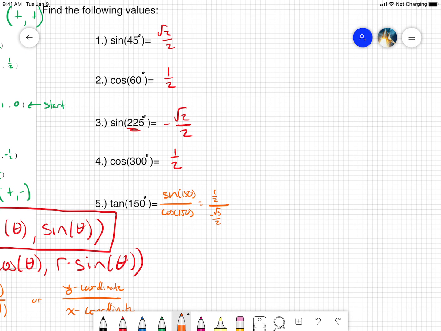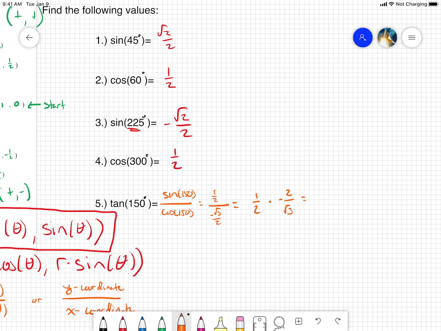So tangent of 150 is 1/2 over negative rad 3 over 2, which is the same thing as taking 1/2 and multiplying it by negative 2 over rad 3.